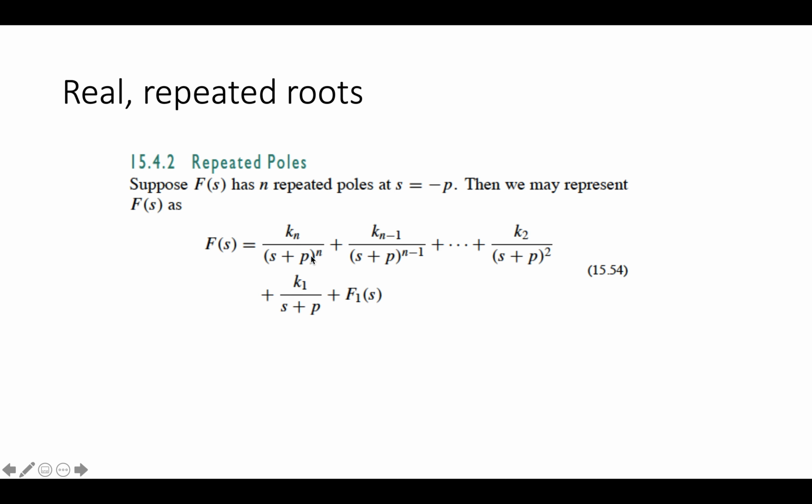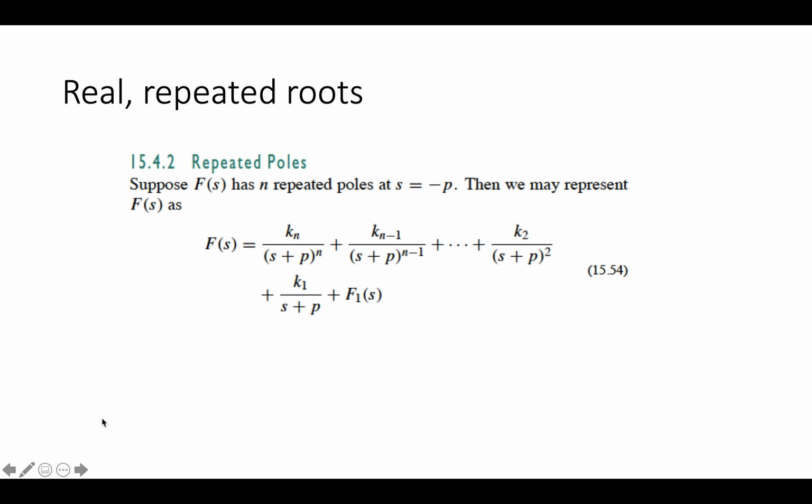So if, for example, and we'll do an example problem on this, you had s plus 2 cubed as one of your terms, then your partial fraction expansion would be something over s plus 2 cubed plus something over s plus 2 squared plus something over s plus 2. And then you have the rest of the terms in that function F of s.